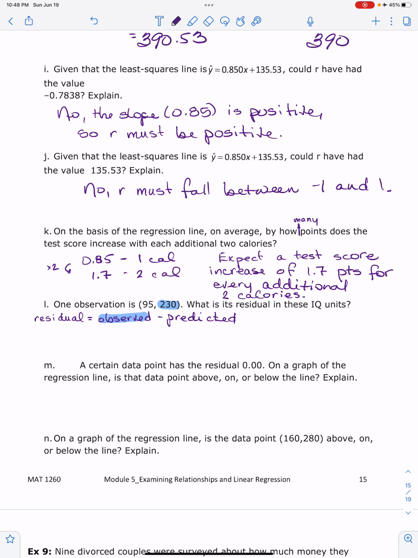So we need the predicted. My input is 95. So my predicted value is 216.28.